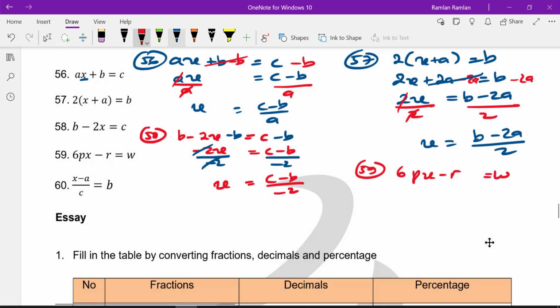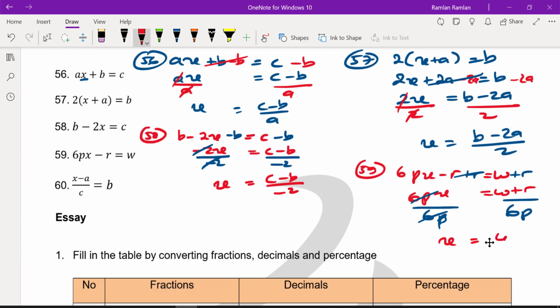So this is gone, and you only have 6px equals w plus r. You can do it in one go: just divide everything by 6p, because then you can cancel the 6p. That leaves us with x equals w plus r over 6p.